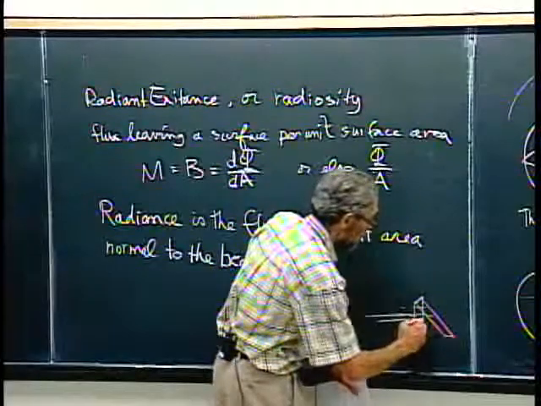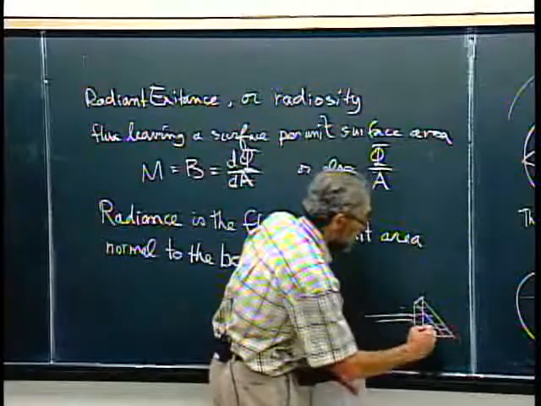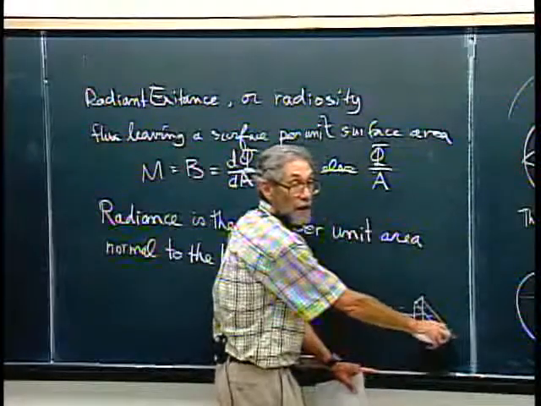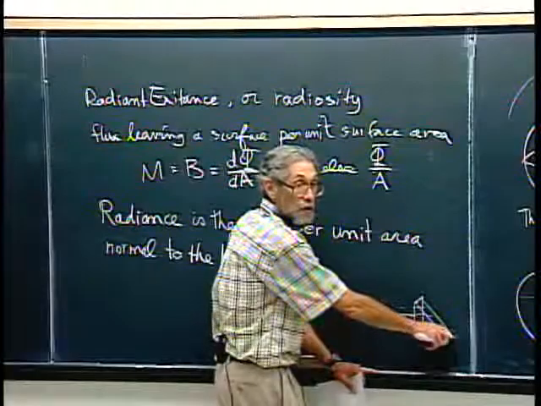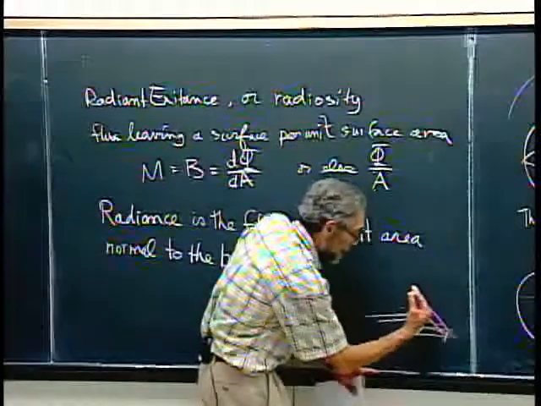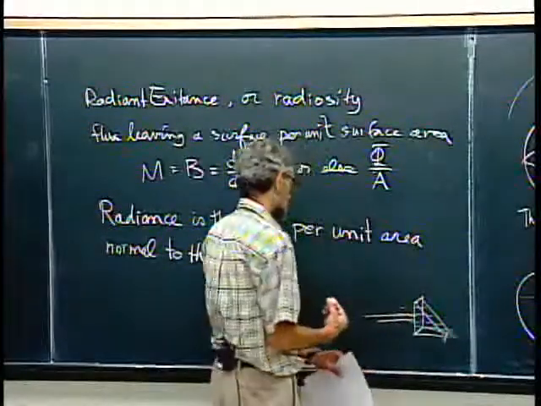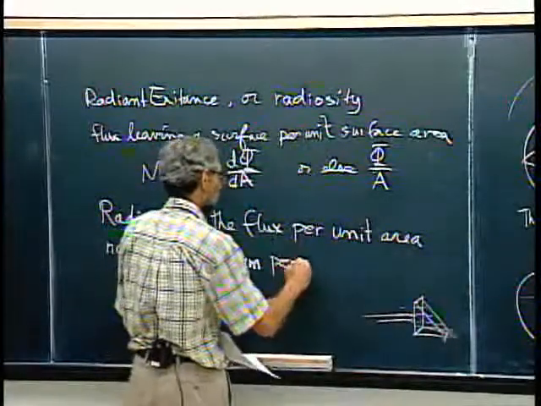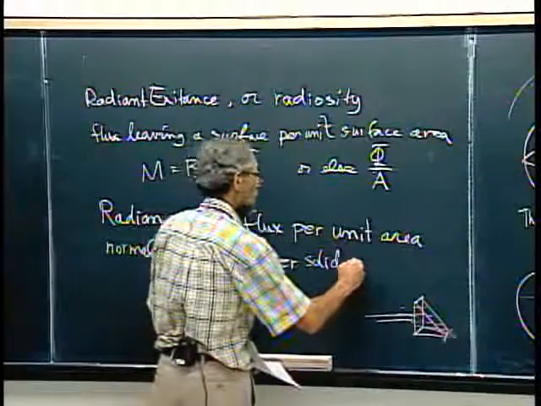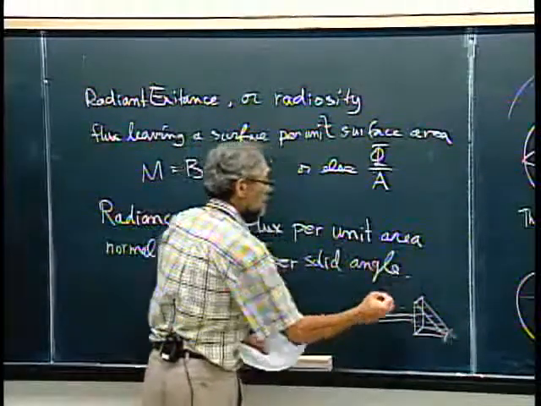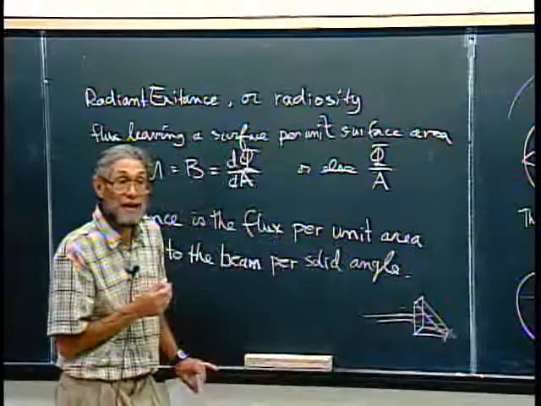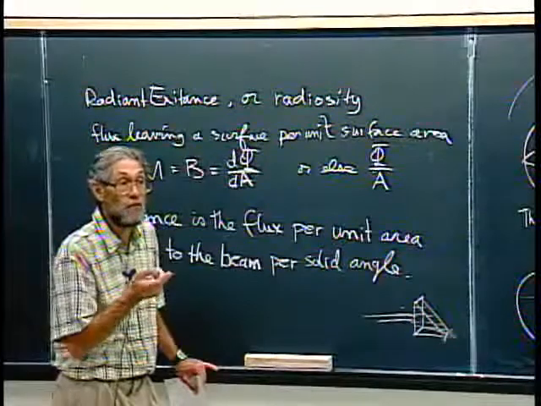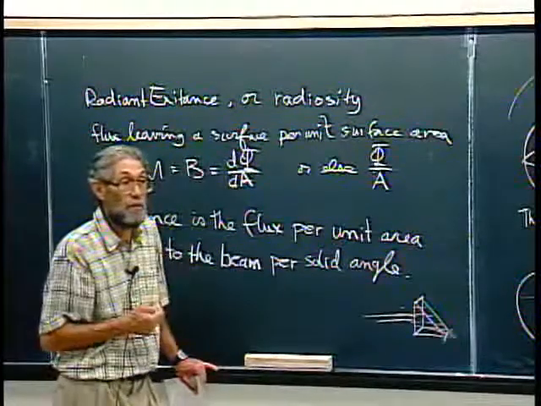Then the same flux will hit both, but this area here is actually larger than this area. And I don't want to measure it per unit area on the larger surface. I want to get it perpendicular to the beam. And that's what this normal to the beam is, per solid angle. So I said solid angles are measured in steradians, but it's really a pure number, right? It's an area on the unit sphere, and since the radius is 1, it just comes out to a number.